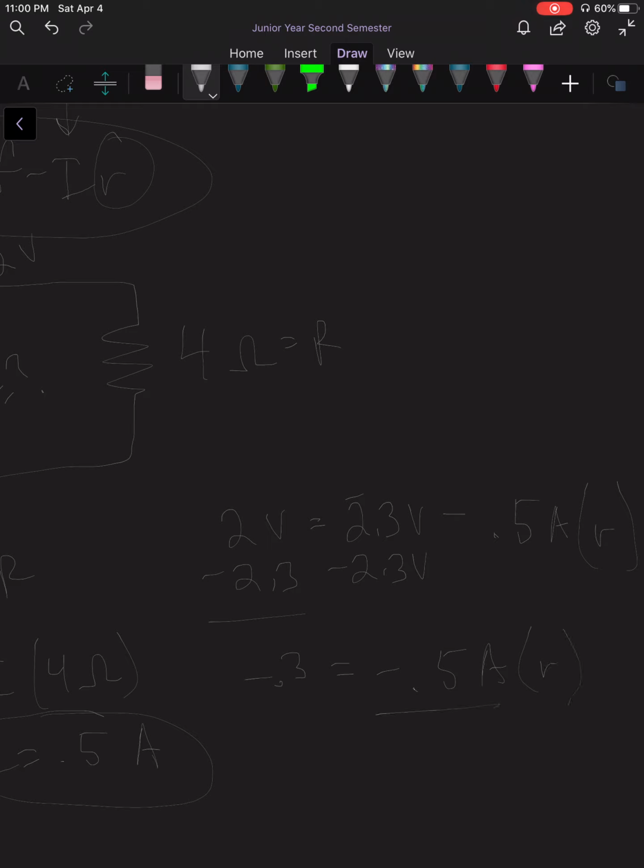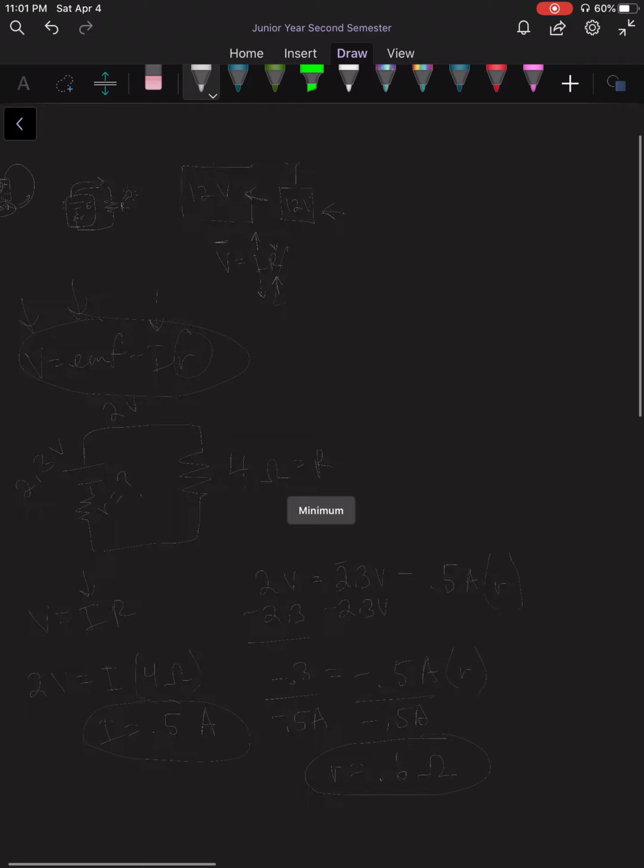And then when we're dividing both sides by negative 0.5, we're going to find r to be 0.6 ohms. So there's our internal resistance of the battery. And then that is our solution to that problem.